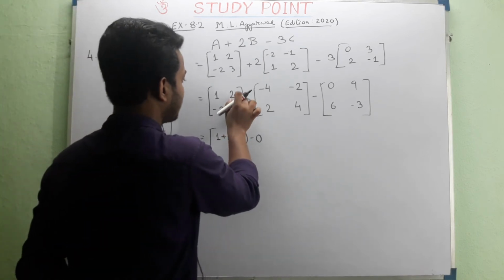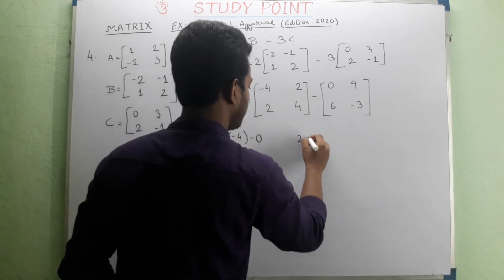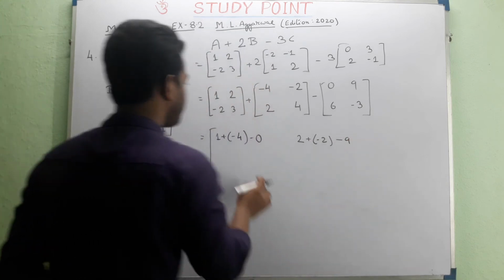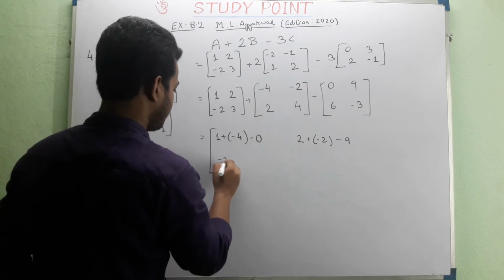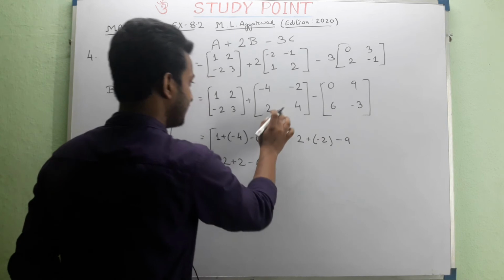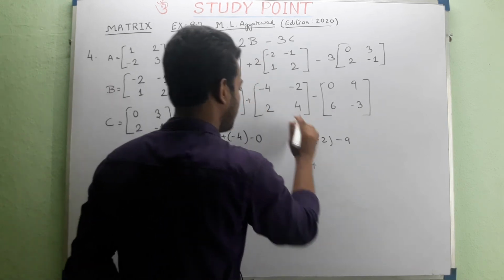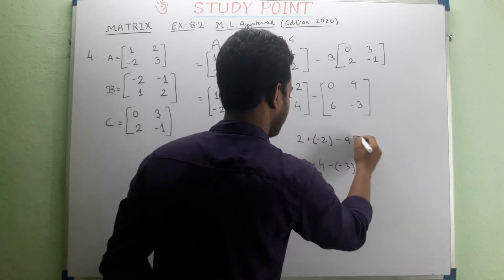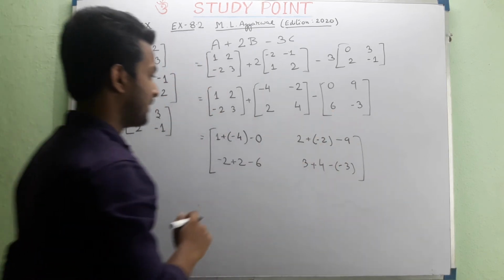Now see for this term, 2 plus of this minus 2 minus of 9. Okay, now let's calculate for this one. It is minus 2 plus 2 minus 6, and for this one 3 plus 4 minus of minus 3. This is all about the addition and subtraction of these three matrices.